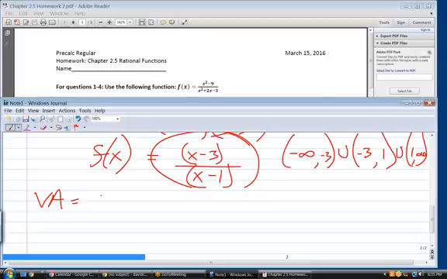But we still have a vertical asymptote at x equal 1, because when I look at that function right there, x cannot be equal to 1 ever, and it's going to produce a vertical asymptote at x equal 1.